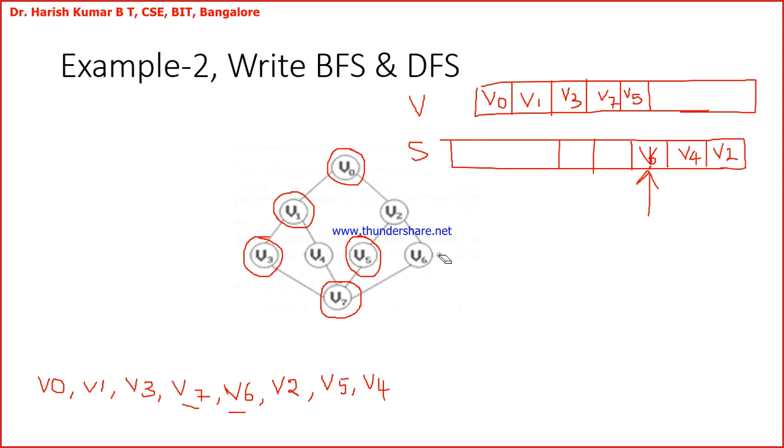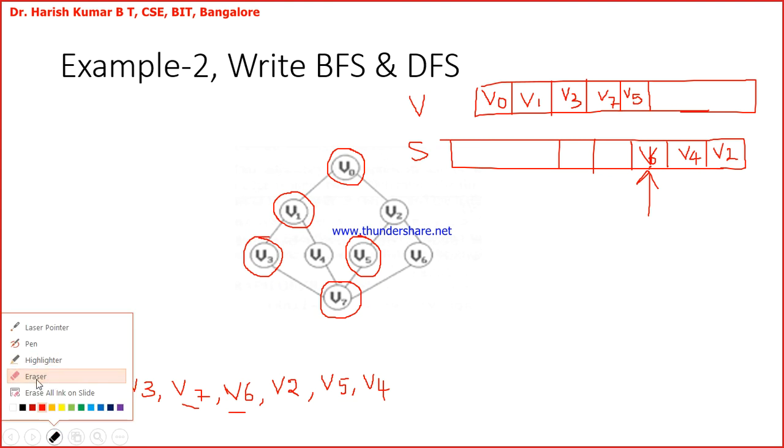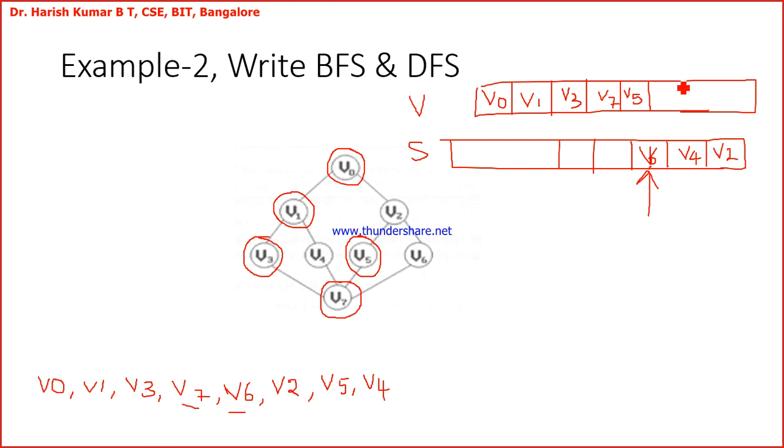Now V6. Though I'm visiting V6 means I'm backtracking twice. From here I'll come back to V7 and then I have to go to V6. Okay, let me write. It's correct. So V6.